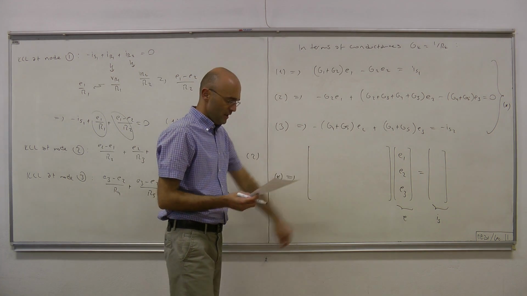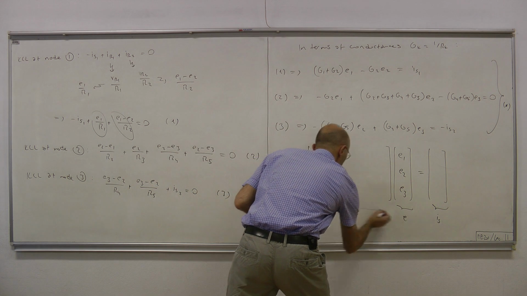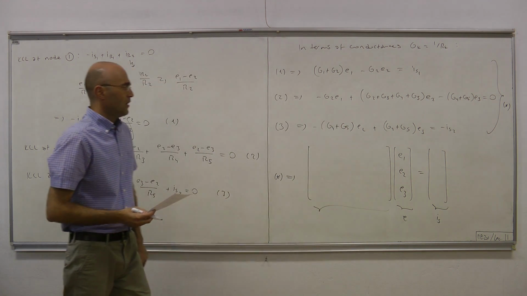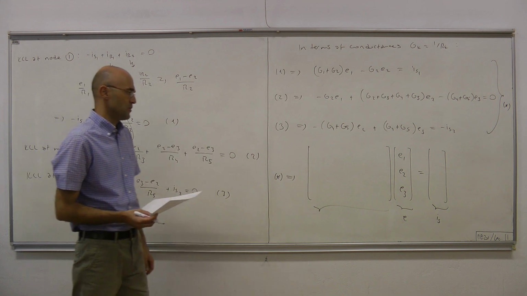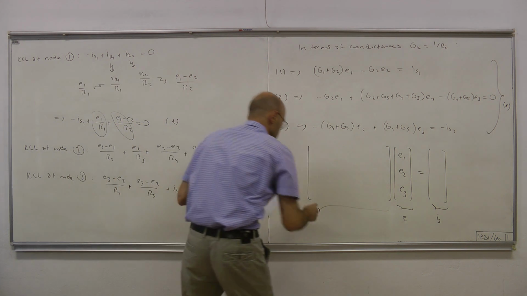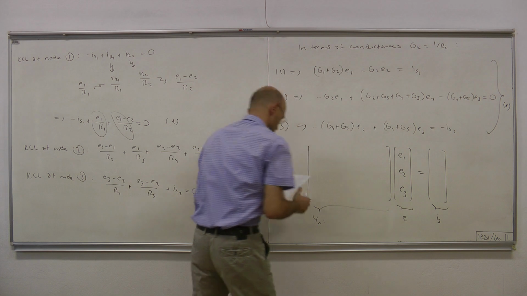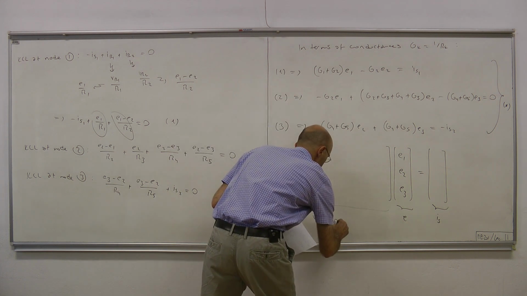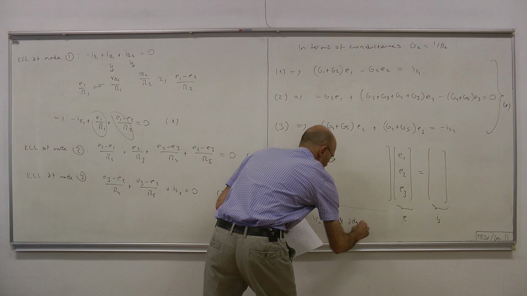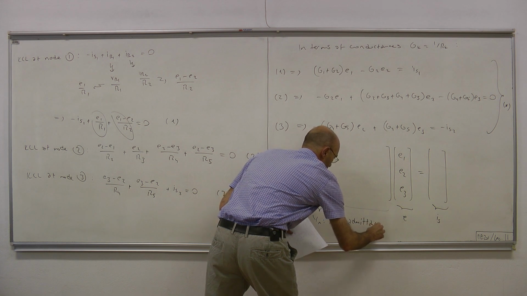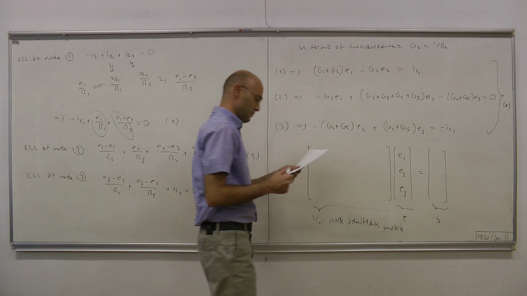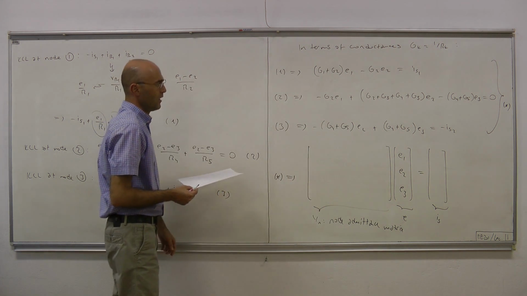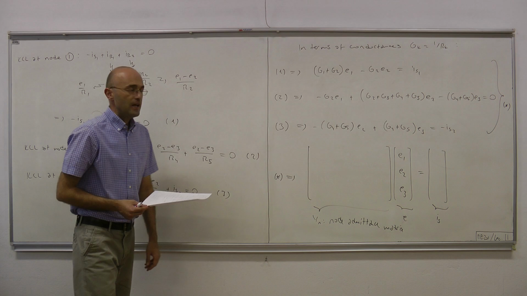And then here we have this matrix, whose entries will be in terms of our circuit parameters, resistances in this case, and it's called YN, node admittance matrix. Okay. And now let's fill in the entries.